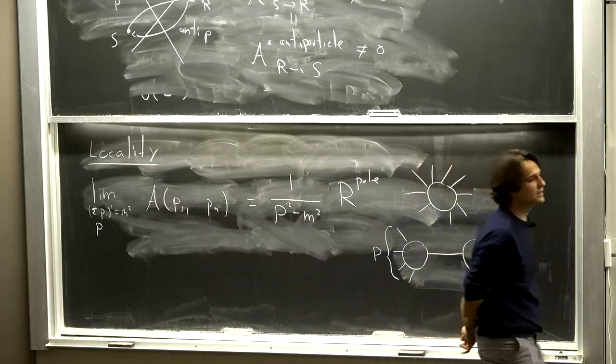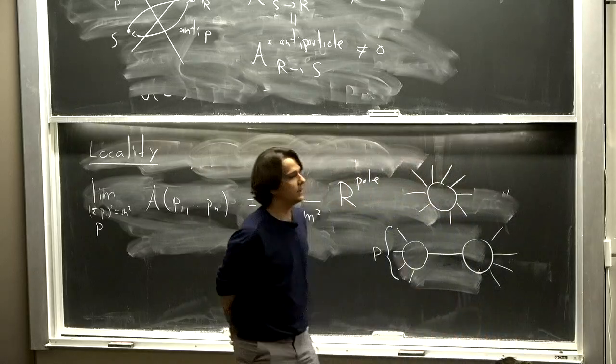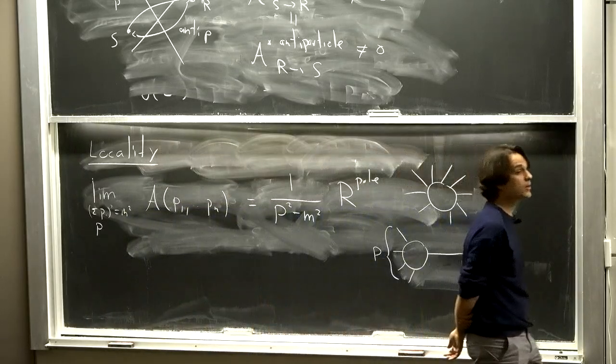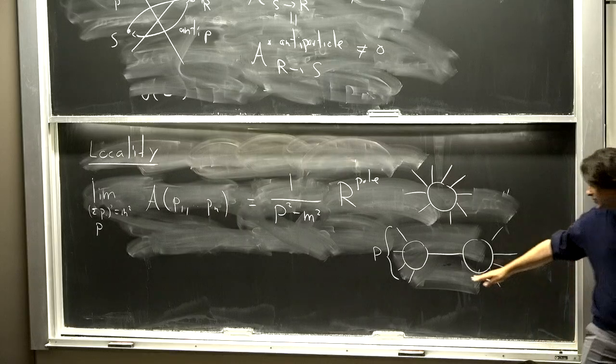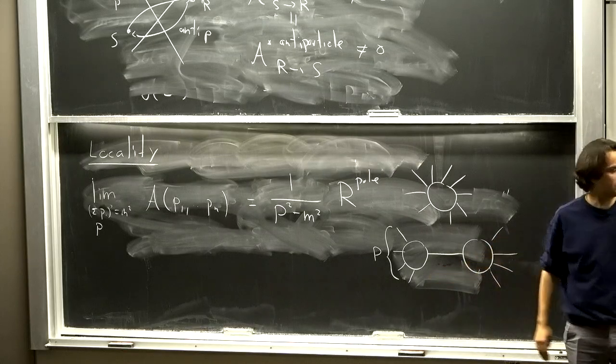Wouldn't that require the channel to be a stable particle? Yes, but in perturbation theory, everything is. So the question was, wouldn't that require the channel here to be a stable particle? If you want to take this very formally and axiomatically, yes, we only talk about scattering of stable particles.